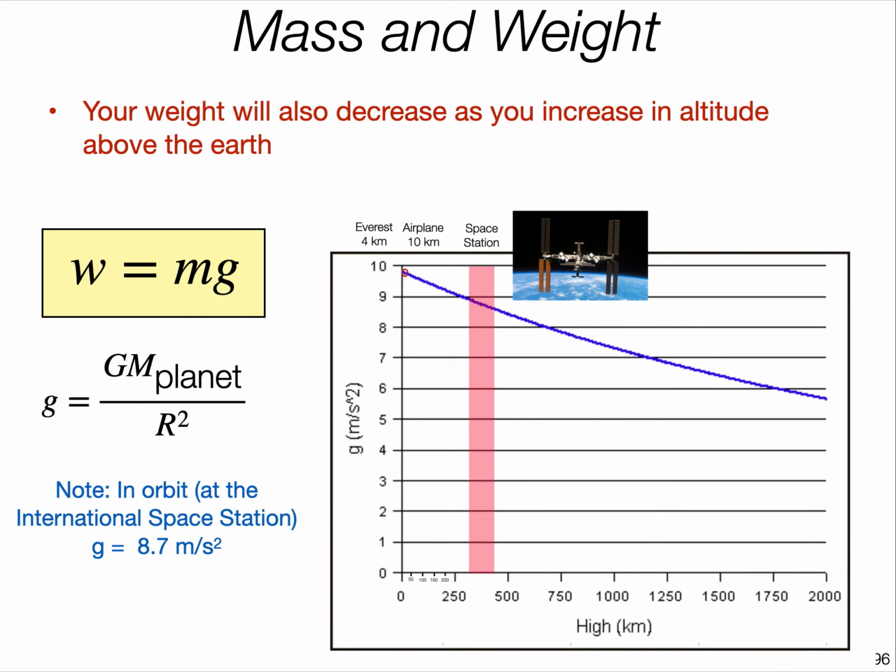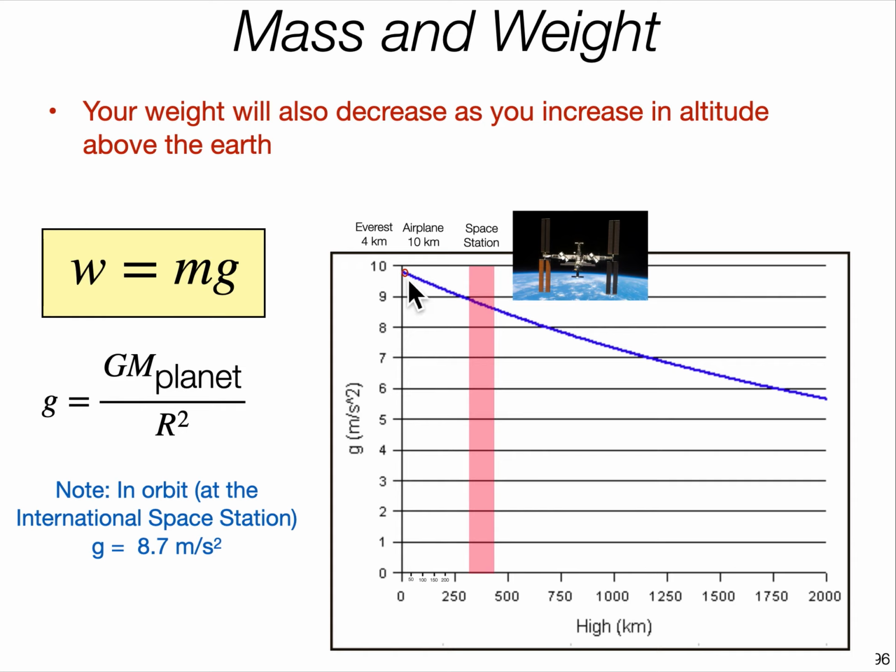Weight will also decrease as you increase in altitude above the Earth, because little g depends on some constants divided by the distance between the two objects squared. So if you're on the surface of the Earth, this is just equal to 9.81. But if you travel above the Earth, in an airplane, or up into space, little g is going to get smaller because this distance is going to get larger. So we can actually plot little g as a function of height above the Earth. Near the surface of the Earth, it's 9.81.